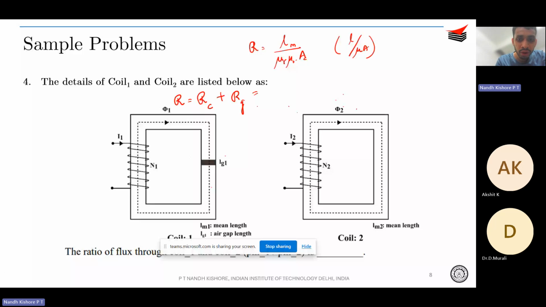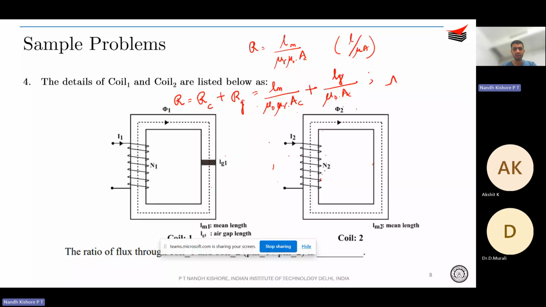So RC is going to be Lm divided by mu naught mu R into AC, that is your cross section, plus Rg would be Lg divided by mu naught into AC, since mu R is 1 for air and the cross section is the same. So this is your total reluctance. 1 by reluctance is actually permeance, so you calculate this value, and 1 by this value is your permeance.